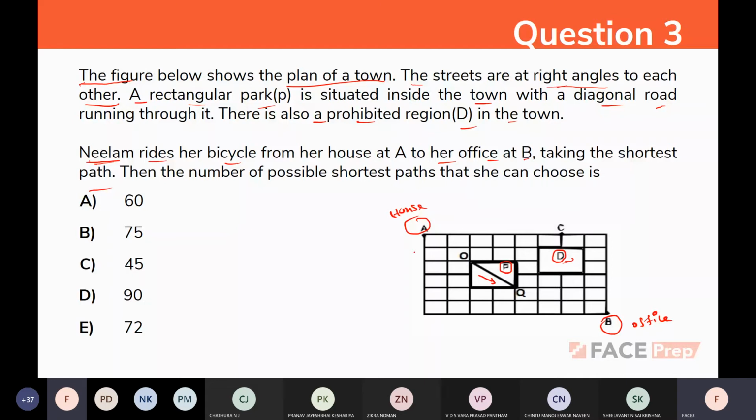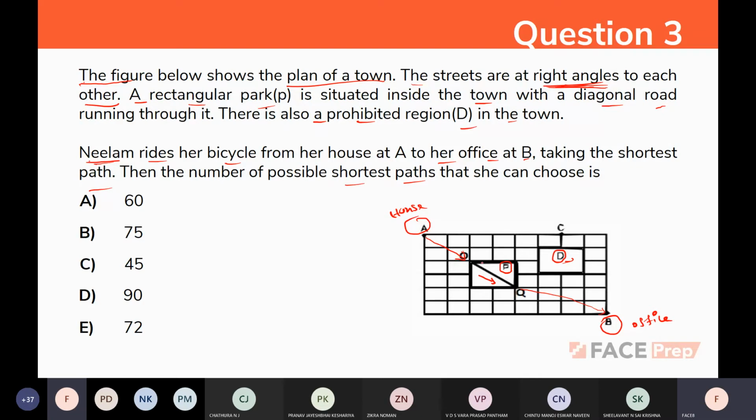If it were not a right-angled street but a straight road, this would be the path, right?